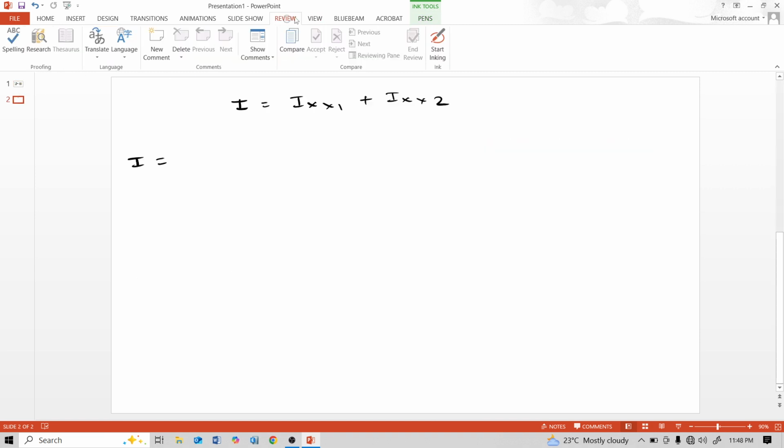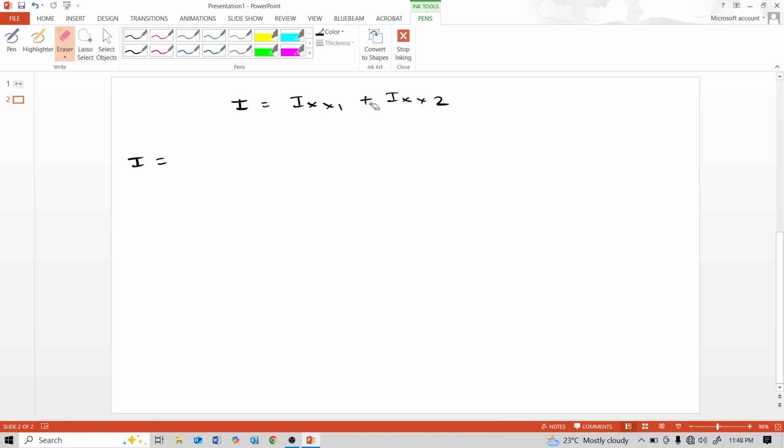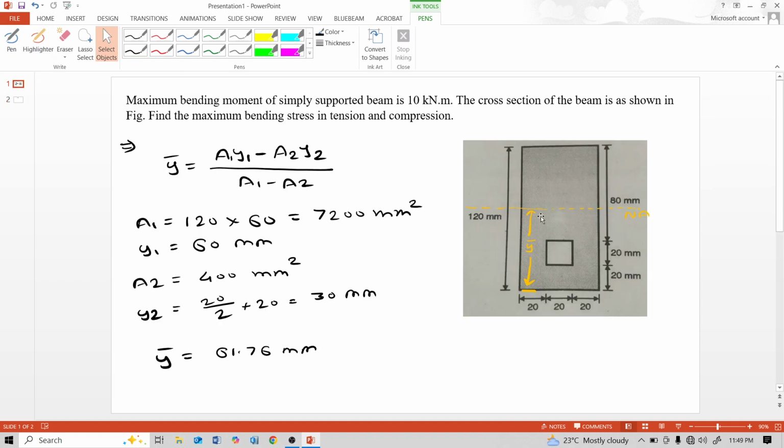So here Ixx1 with a minus sign, and this Ixx2 is the hollow square's moment of inertia. Ixx1 is about the center of this full rectangle, which is 60 mm, below this neutral axis, x1 x1.